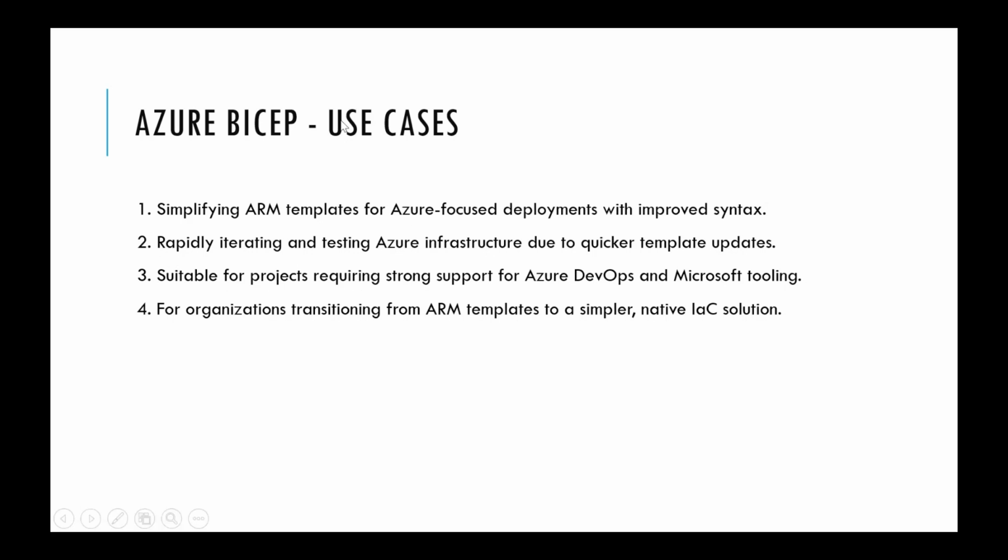You get some Bicep CLI commands to compile and decompile your Bicep and ARM templates. You can convert your ARM templates directly to Azure Bicep by just running one simple command, and you can do the opposite as well. So it is very easy to migrate from ARM templates to Azure Bicep.